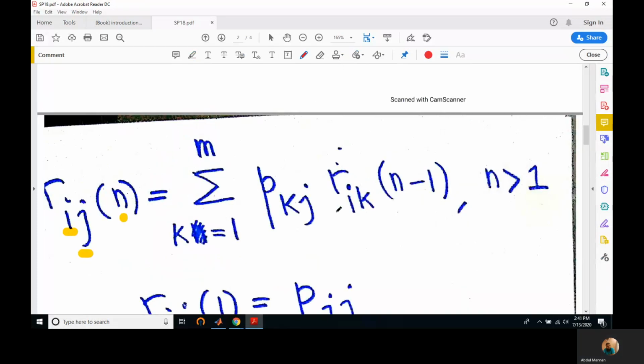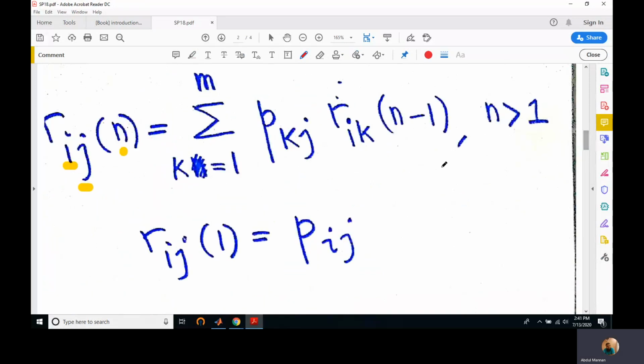Suppose we want to find the probability of having state j at time n, given that the state is i at the initial time. So we mark a time n minus 1, and ask what is the probability that the state at n minus 1 is k, where k belongs to the set of all possible states in the chain.